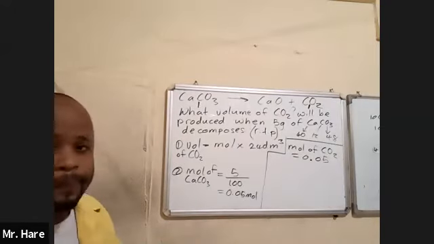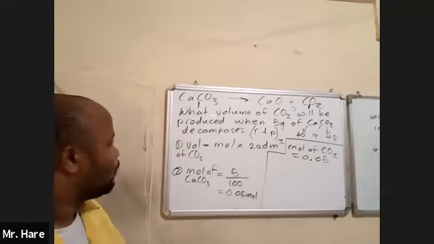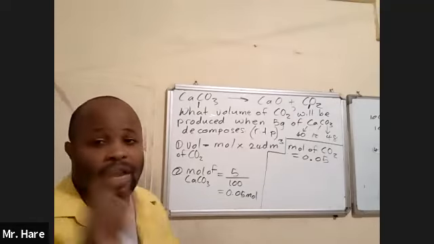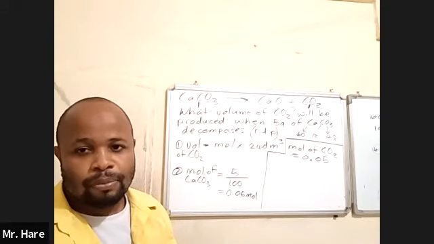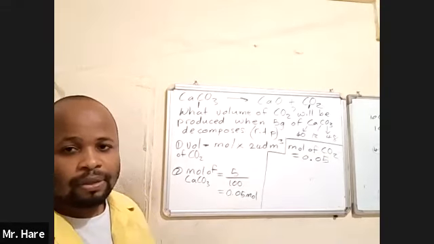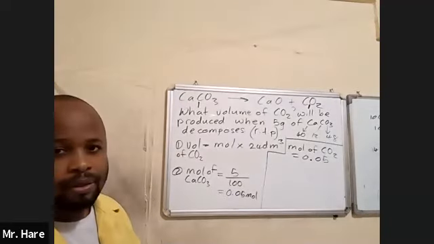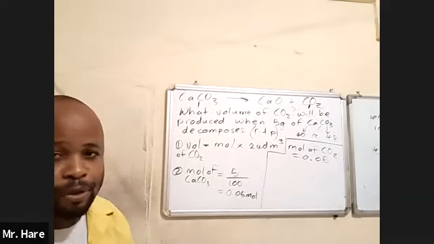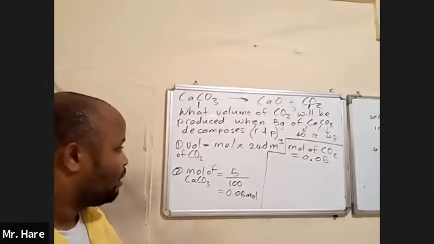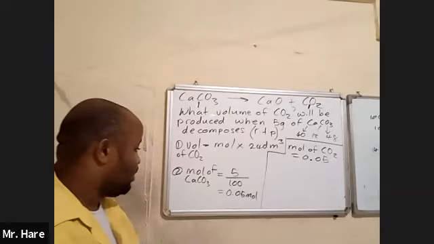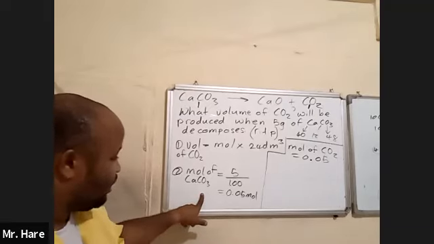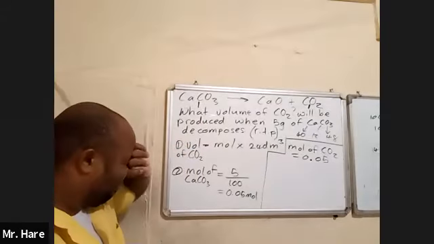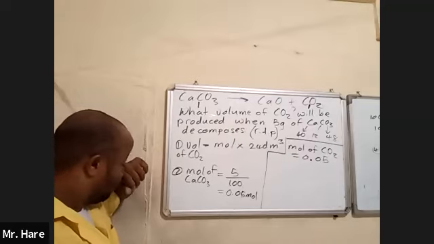Sir, for calcium, wouldn't the RAM be 20? No, the atomic number is 20 for calcium. The mass is 40. Sir, will they give you the mass? Yes, they will give you the mass number. All right. So the mole of calcium carbonate is 0.05. Sir, isn't carbon's atomic number 12?